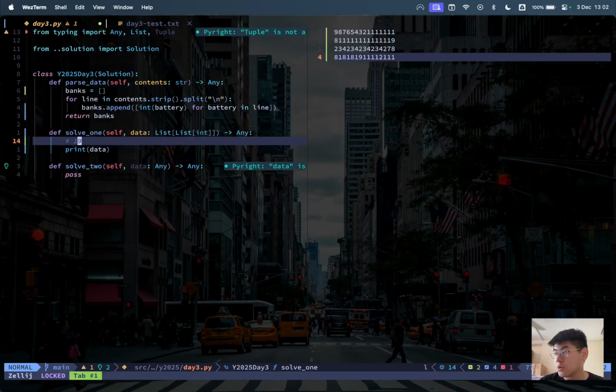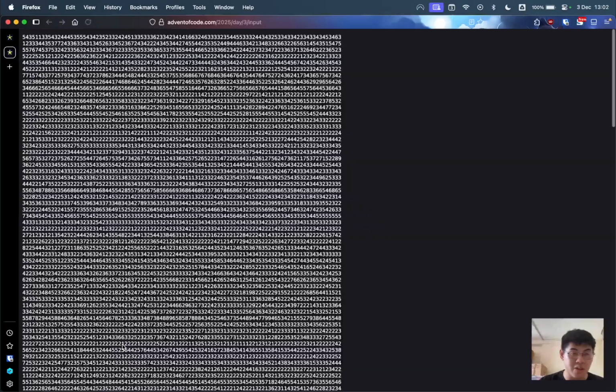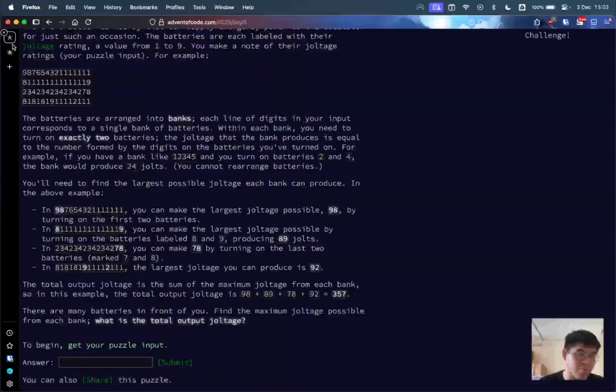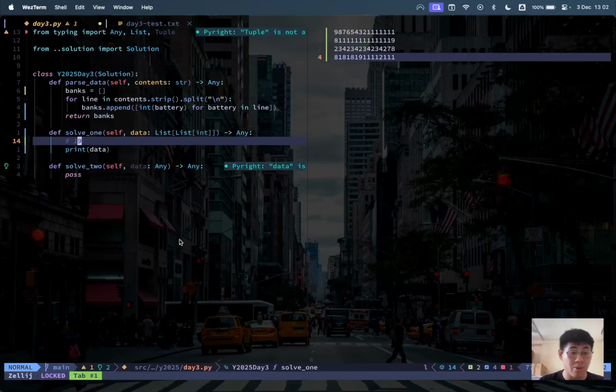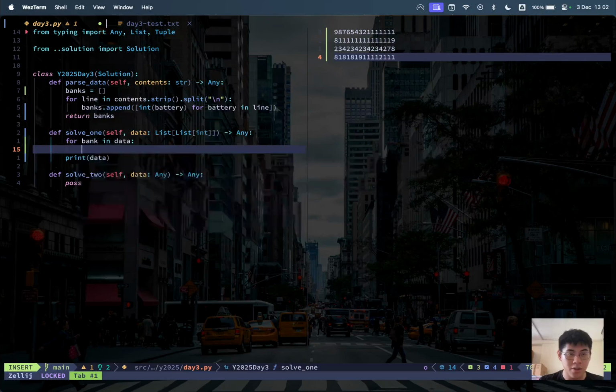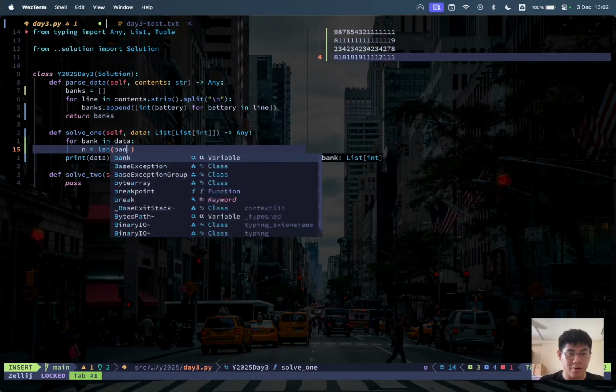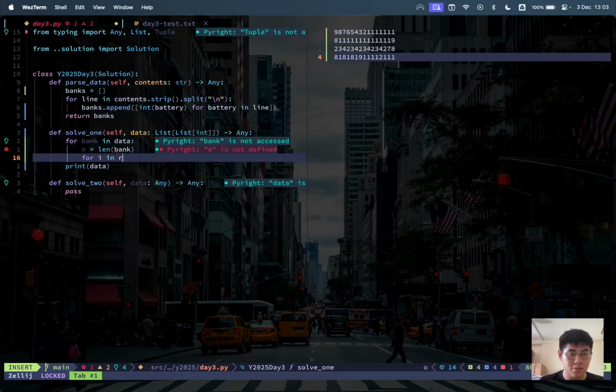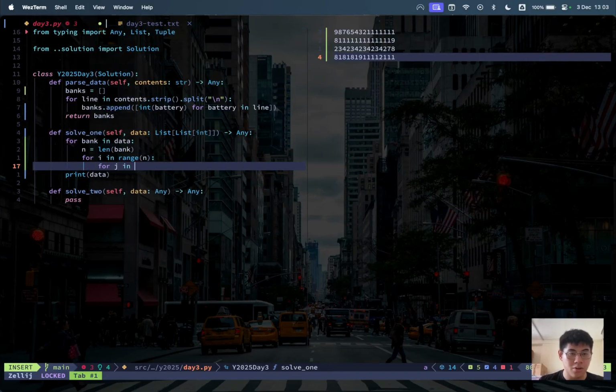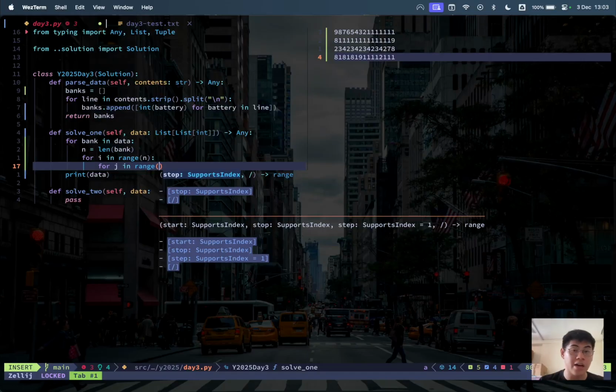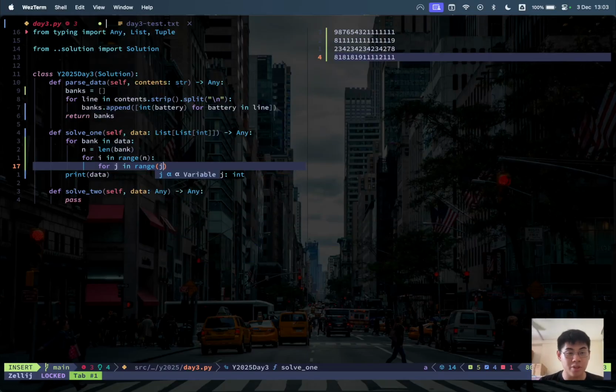So what we could do is literally brute force the solution. Just looking at the inputs, it seems possible that we can actually brute force it, where we just try all of the possible positions and check what's the maximum. So for the bank in the data, n is the length of the bank, in the range of n. Given a current digit i, let's suppose we pick some other number, which is everything after i.